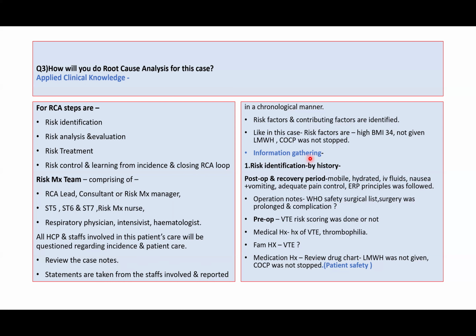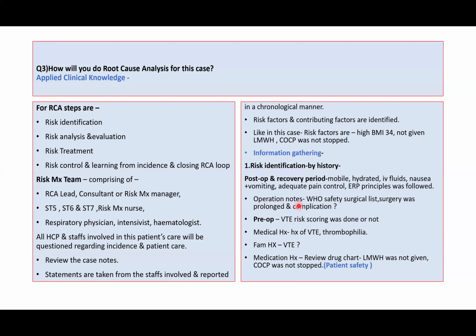Now come to the information gathering. How are we going to identify the risk? This will be done by history. What happened in the post-op and recovery period, whether the patient was mobile, well hydrated, did she receive enough IV fluids, whether she was having nausea and vomiting, adequate pain control, she was given analgesics, and whether enhanced recovery program principles were followed.